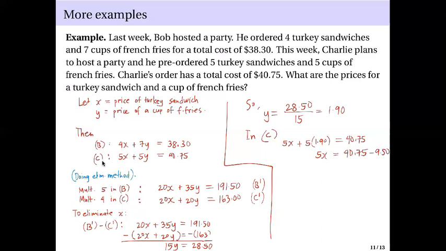Therefore, we will get on the right-hand side 31.25, and so x equals 31.25 divided by 5. We will get 6.25.